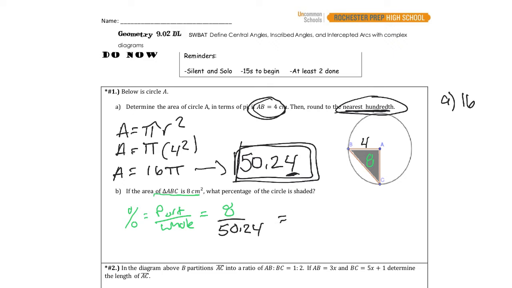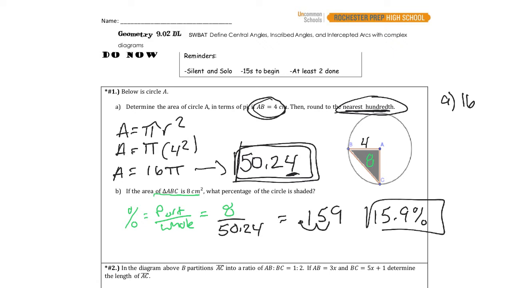So again, I just typed that in my calculator. 8 divided by 50.24 is 0.159. And then when we move our decimal over twice to get a percent, it's 15.9%, or 16% if you go to the nearest whole percent.